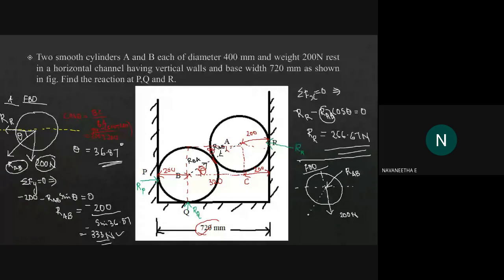You can move the force RAB along the line of action. So you can also draw like this, that is RAB. And you can erase this.